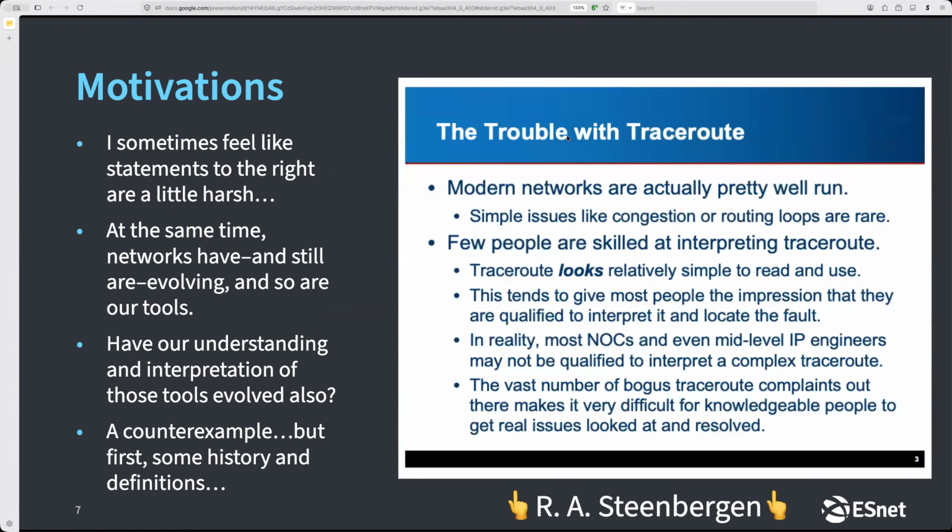So let's get started. I talked a little bit about this. It's not so much that traceroute itself is lying, but it's a hack. And trying to understand how that hack interacts with older networks versus newer networks is something that our understanding of it and our documentation around it needs to evolve as well.